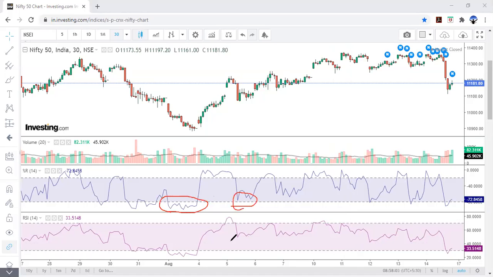The RSI is not showing the oversold here. Same situation is here. For the short-term period, generally Williams percent R gives the best signals as compared with the RSI. Otherwise, all calculations and things are the same.